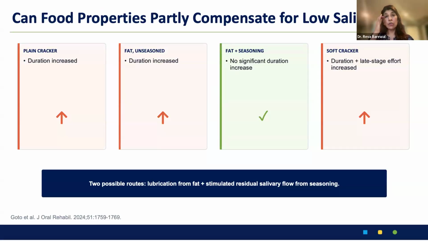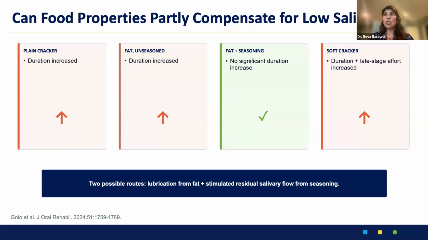So Gatto took this one step further. They reduced salivary flow with atropine in healthy men and changed the cracker type. They had a plain cracker, a cracker with high fat content that was unseasoned, a cracker with high fat content and seasoning, and a soft cracker.